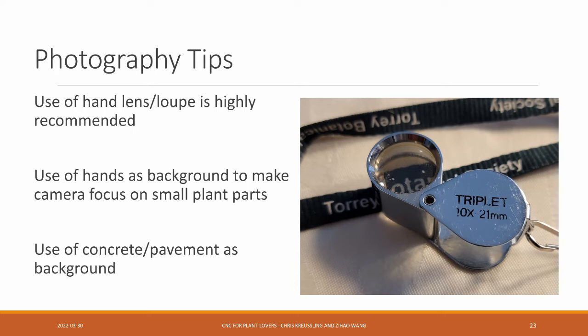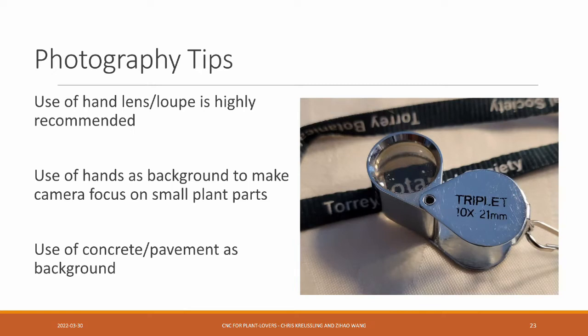You hold a small piece of plant part against your palm, and it makes your smartphone focus so much more easily. Same idea: if the background is grayish, it makes the camera focus on the object you're photographing. So concrete pavement is a very good background if you want to focus on a small branch.